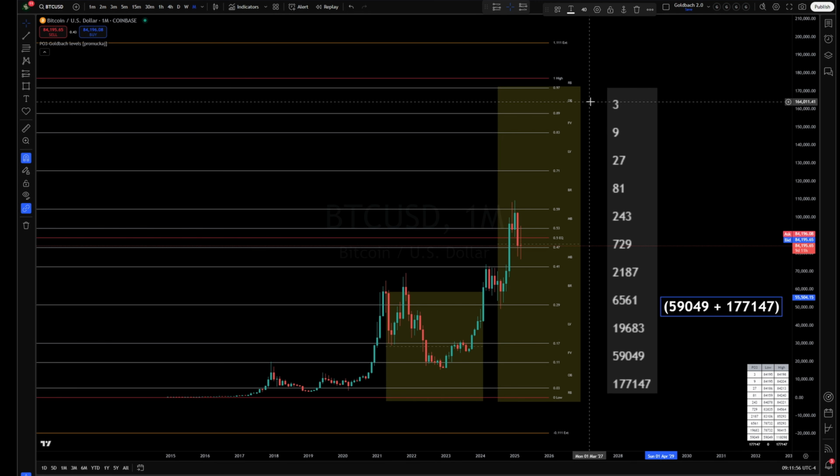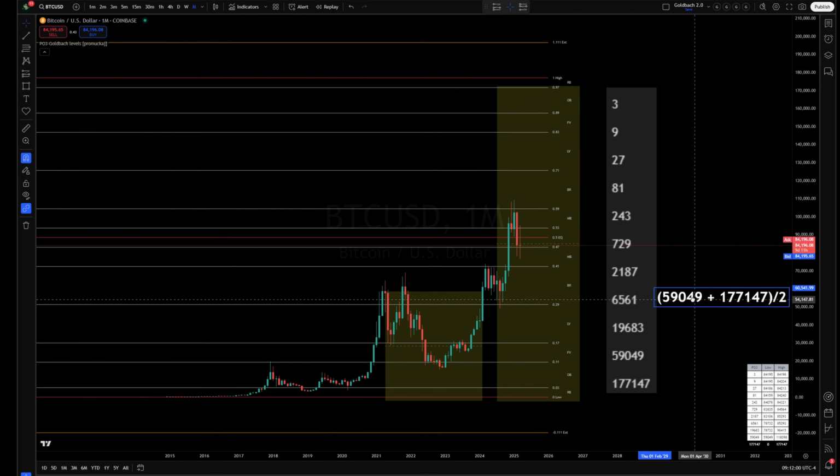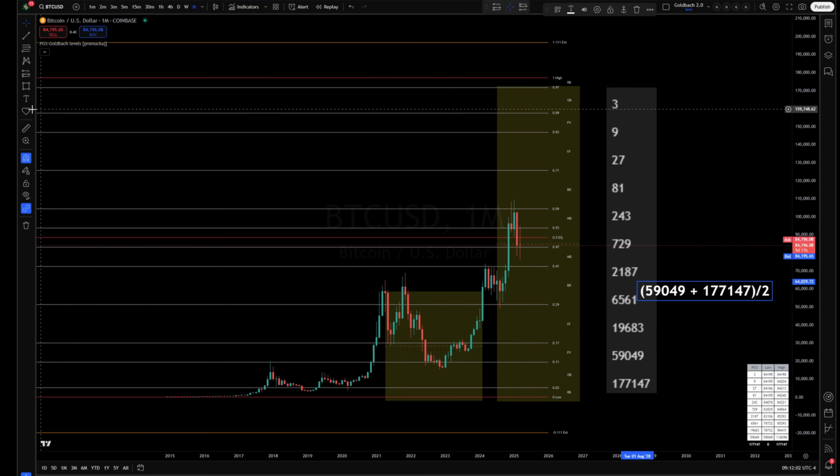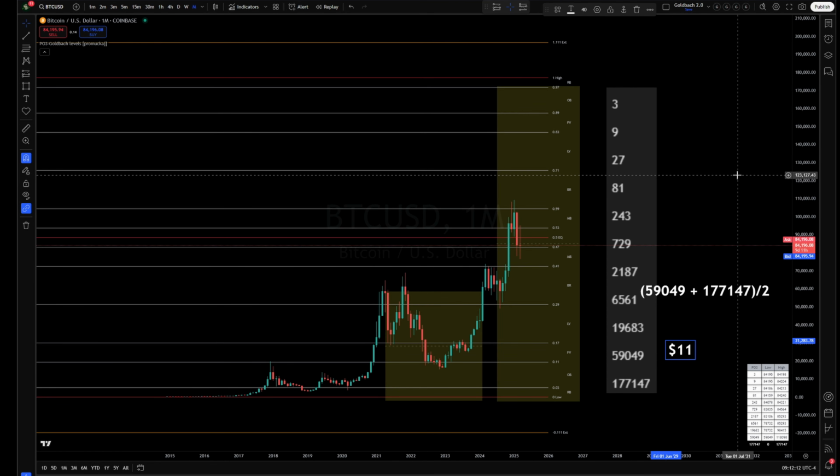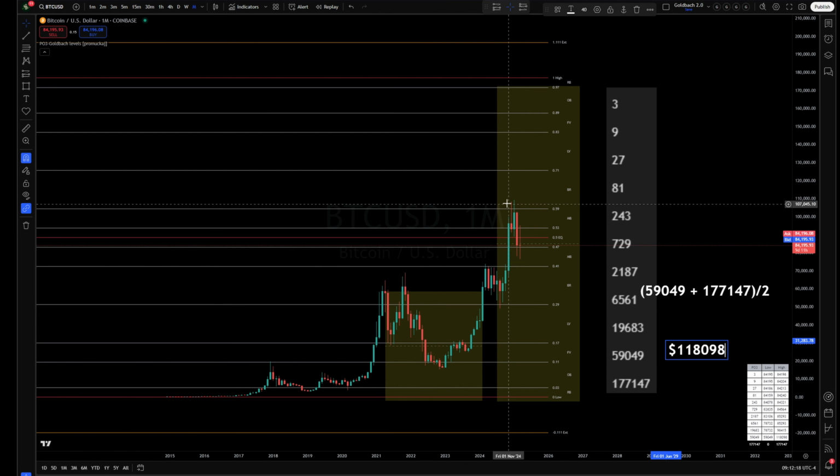And then we find the hidden dealing range by dividing by 2. The intermediate range in between these two dealing ranges is $118,098. This is the intermediate dealing range that price is pricing in. Once we break this, then we have more of a clean run to this 177,000.